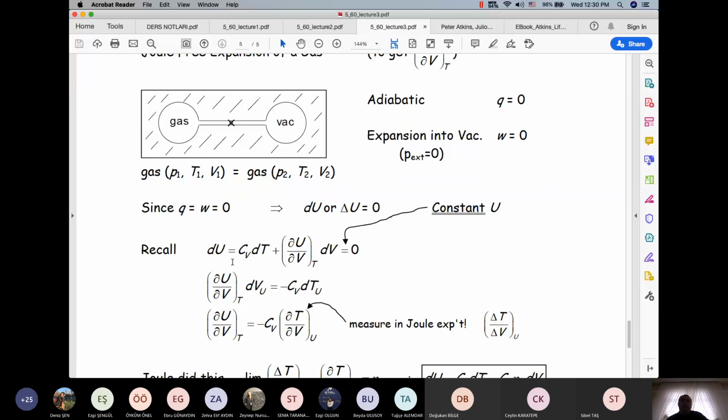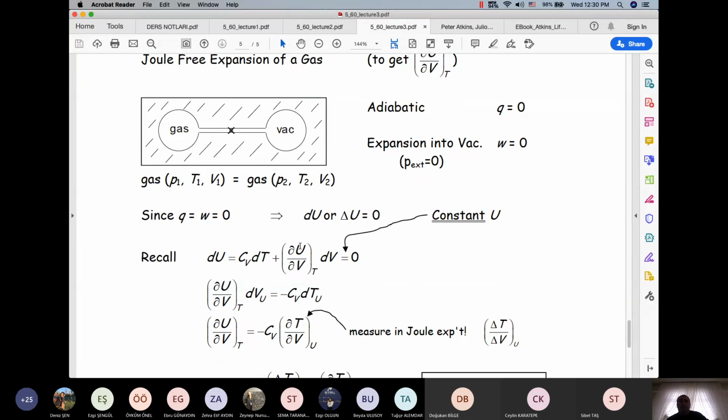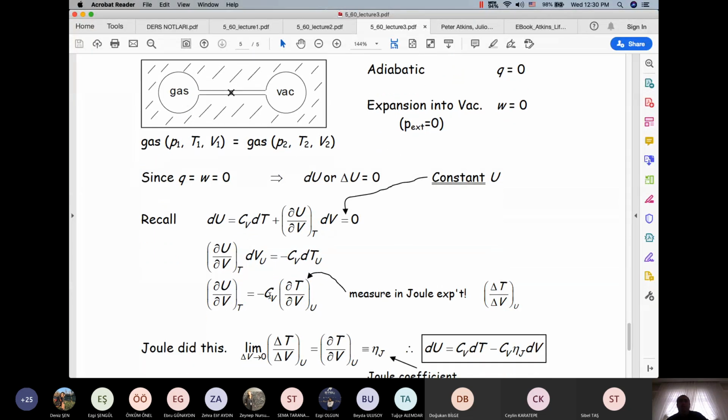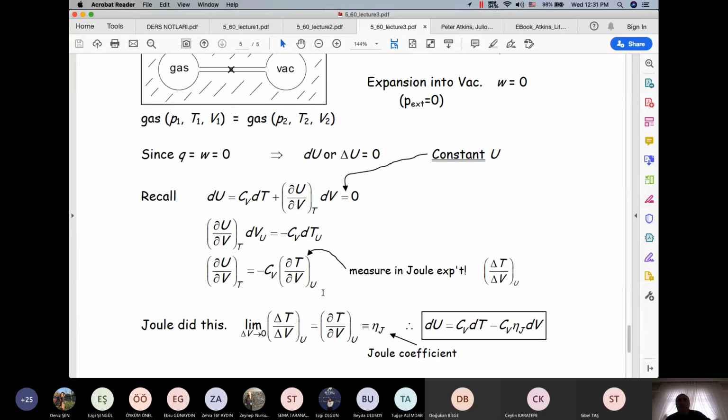Pekala. Şimdi ben biliyorum ki bu fonksiyon CV çarpı DT artı buna eşit. Ve bunun tamamı 0 ise, o halde sistemin enerjisinin sabit sıcaklıkta volümle değişimi, sıcaklığın hacmiyle değişimine eşit olmalı diyor, sabit enerjide. Çünkü bu bir matematiksel formül.